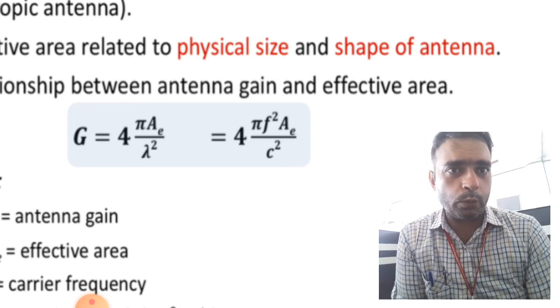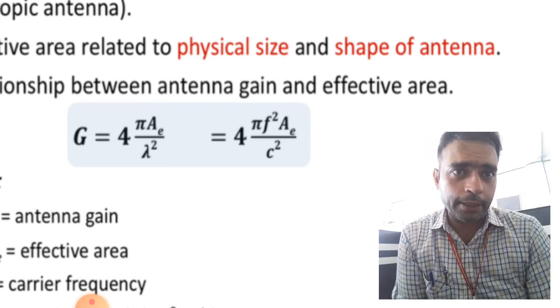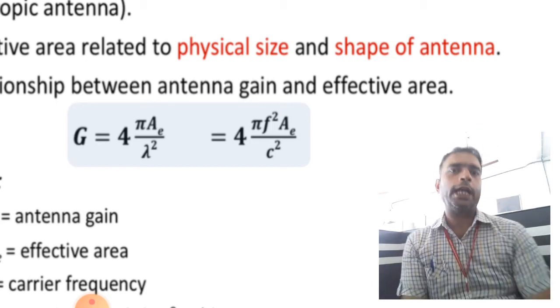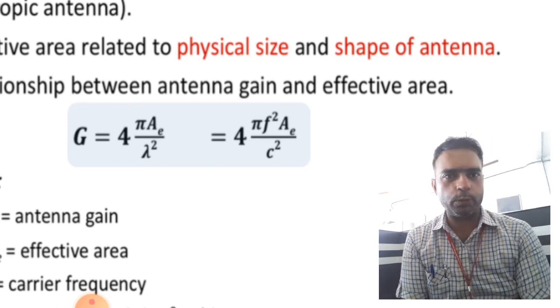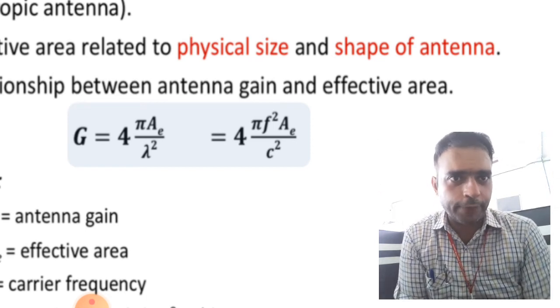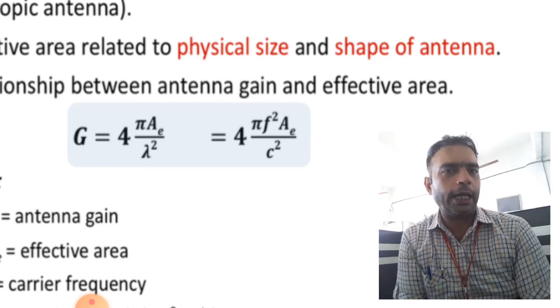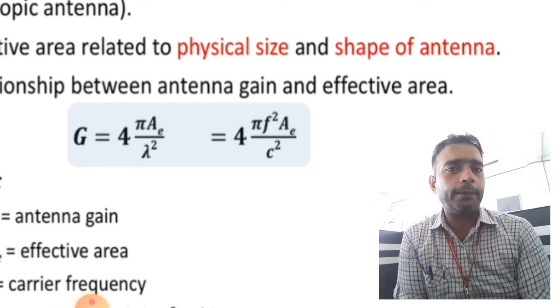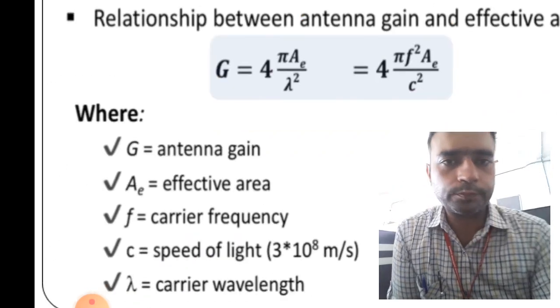Now lambda square is C square by F square, since lambda is equal to C by F, so the formula becomes G equal to 4 pi F square AE upon C square.